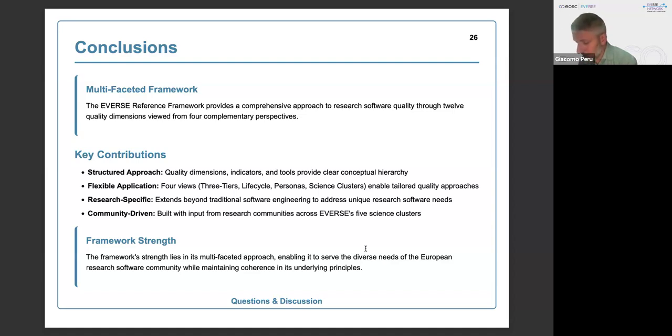Key contributions include a structured approach where quality dimensions, indicators, and tools provide a clear conceptual hierarchy for understanding and implementing software quality improvements. Flexible application through 4 views enables tailored quality approaches that can be adaptable to different software types, development stages, user roles, and research domains.